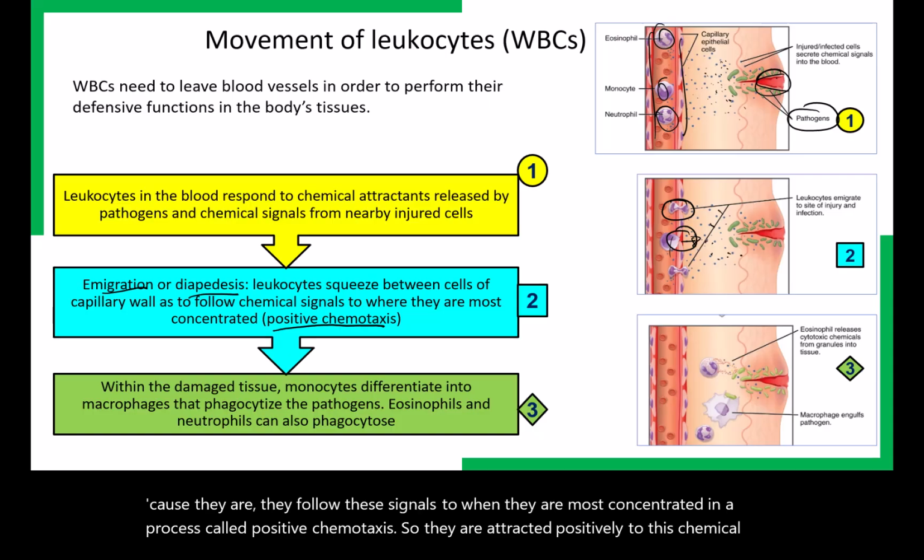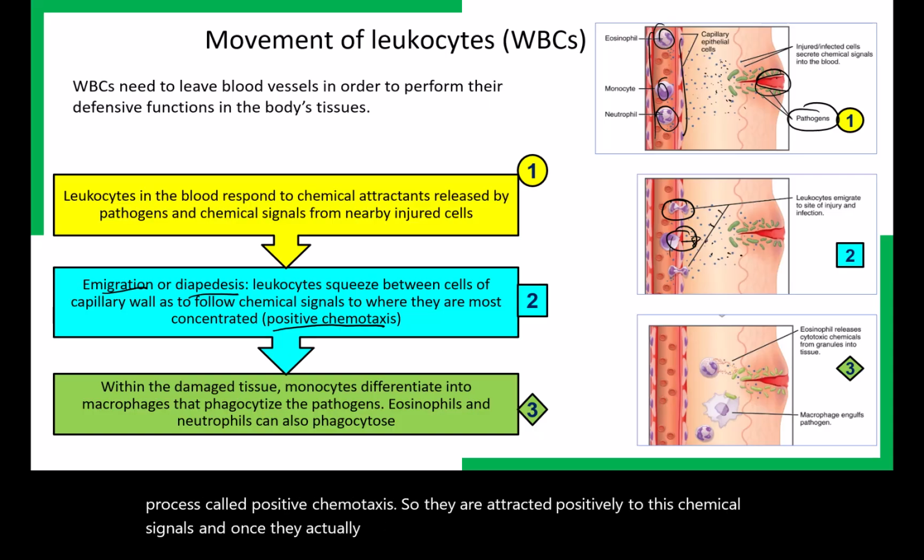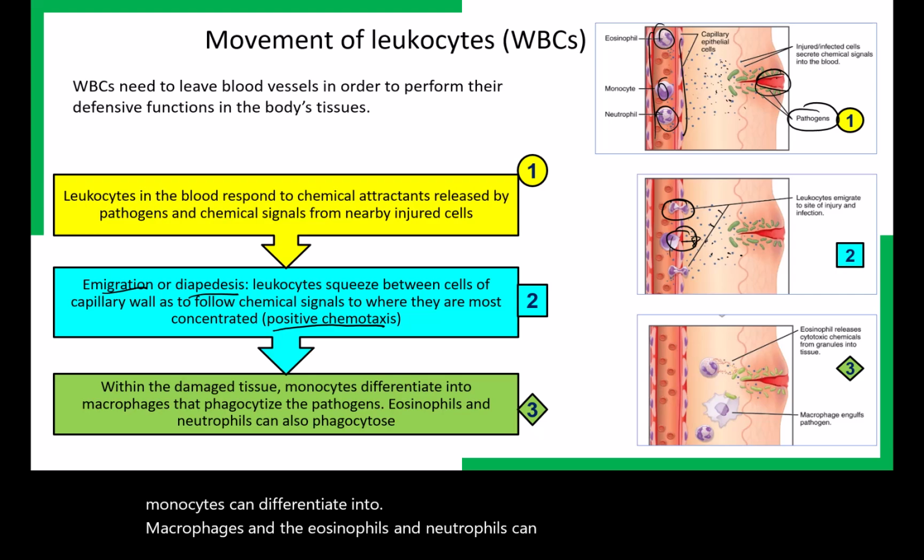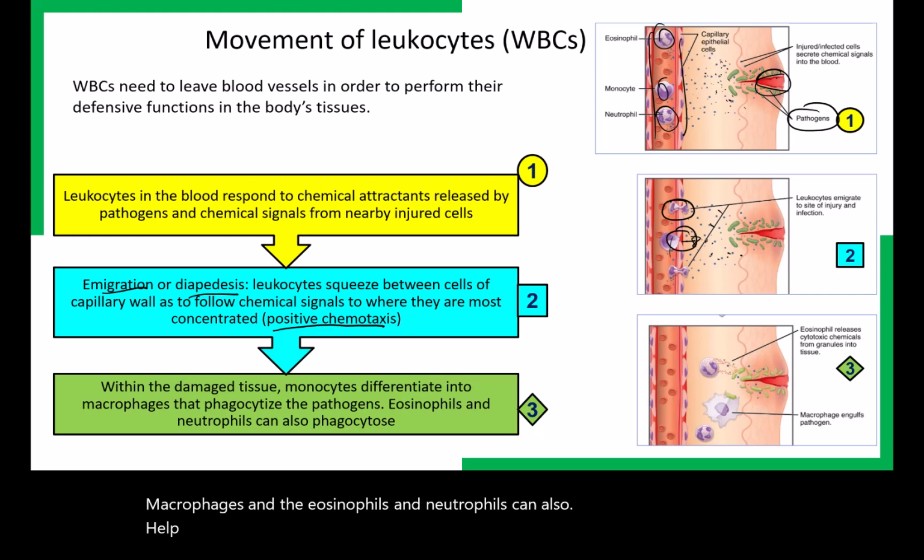And once they actually leave the blood vessels, the monocytes can differentiate into macrophages, and the eosinophils and neutrophils can also help with phagocytosis to destroy the pathogens that have entered into the tissue, right? So you've got this three-step program.